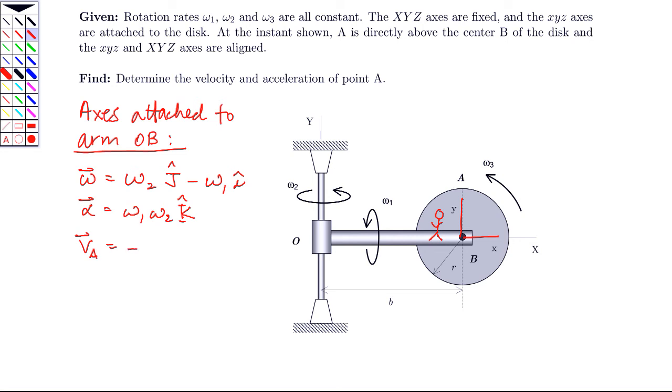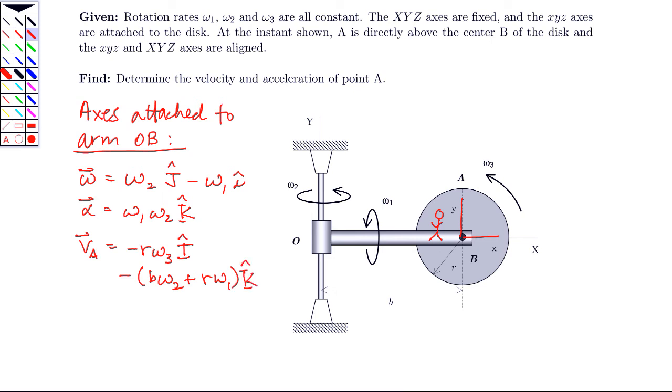First, it's minus R omega 3 in the I direction. And then to that, we're going to add two terms. Turns out it's minus B omega 2 and then R omega 1 in the K.